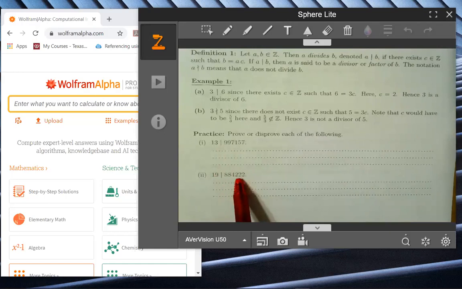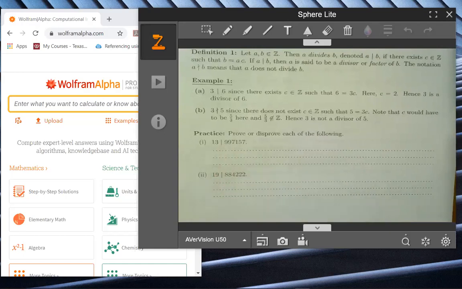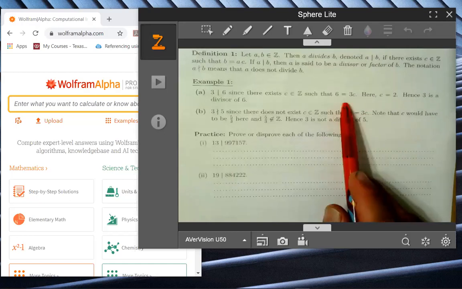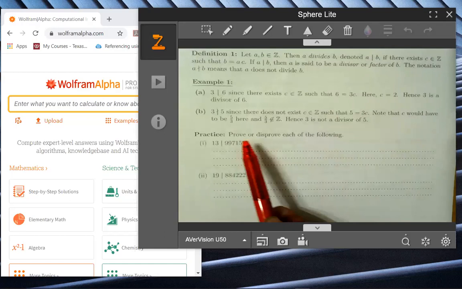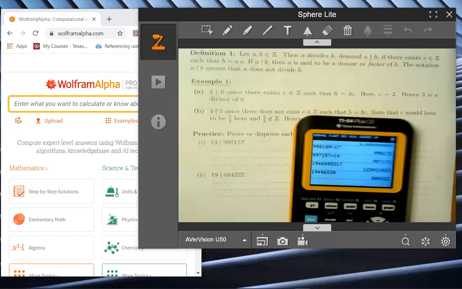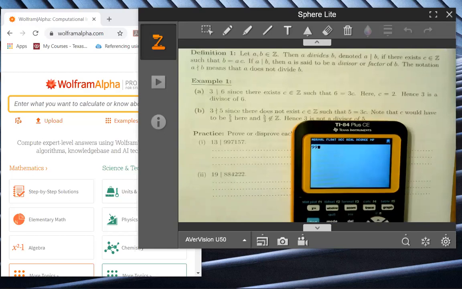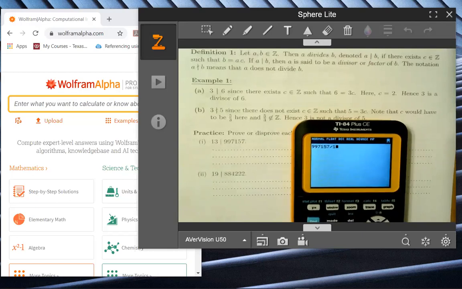What we need to determine is whether we can find a number that 13 multiplies by. An easy check using a calculator is to take 997,157 and divide it by 13.